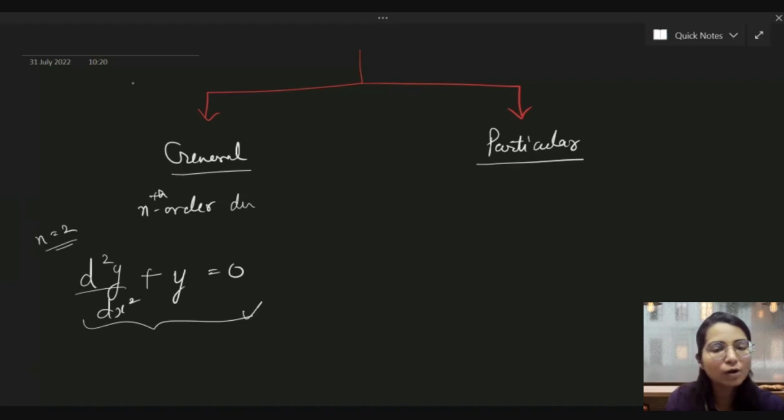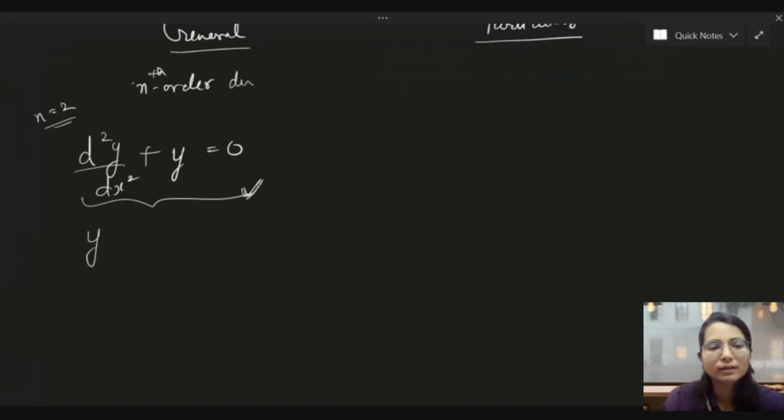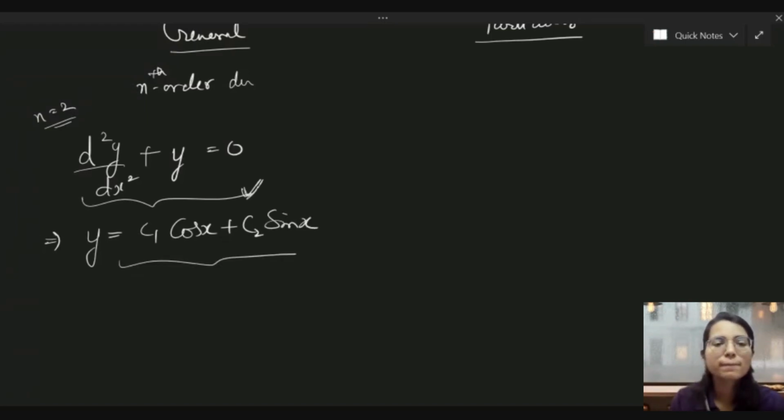As I know how to solve this kind of differential equation, I'll directly write its solution. So don't worry about how I solved it. You will also get this idea in the later ODE lectures that you are going to attend. The solution of this kind of ODE looks something like this: C1 cos x plus C2 sin x. I already knew, that's why I wrote this.